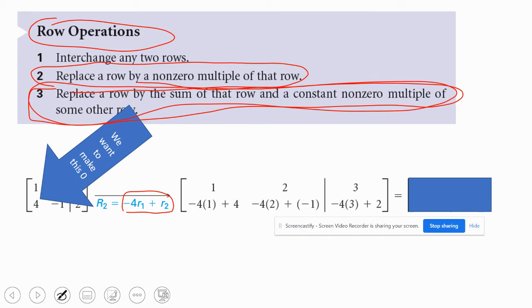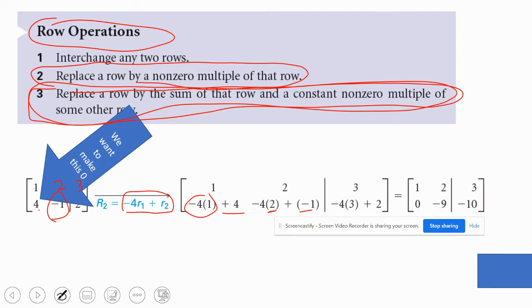You can't see it because I haven't covered it up. That value, -4 times 1, and then we add it to 4. And then -4 times the second value. This value was a 2, added to row 2. So negative 8 and negative 1. And then this was a 3. Negative 4 times 3 is negative 12 plus 2.